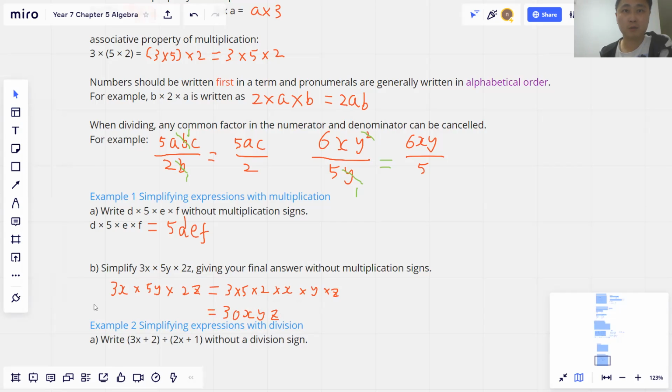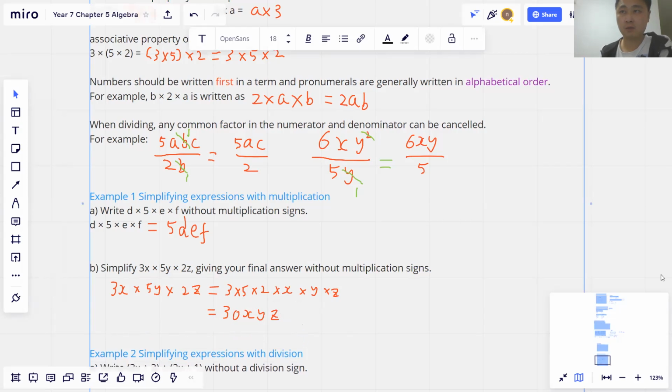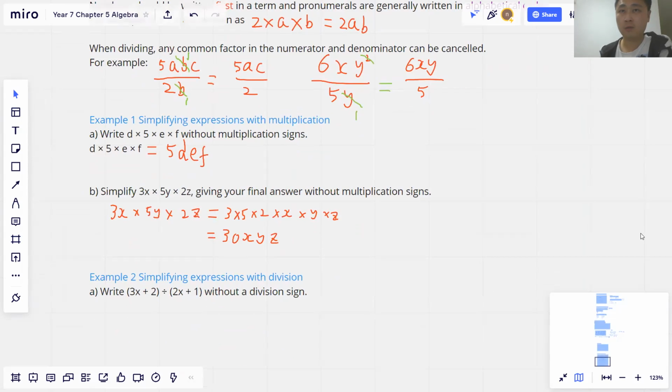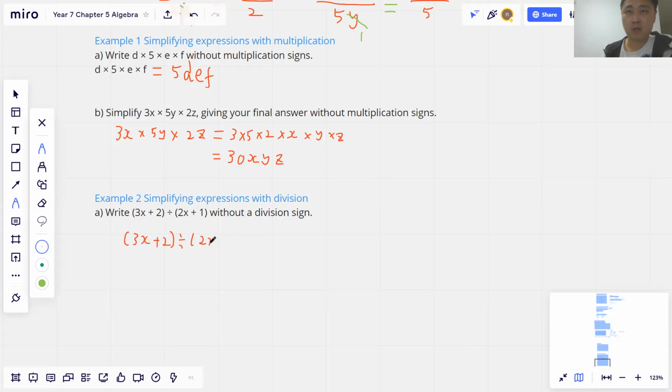For example 2, let me show you. For this one, we want to write this without division. I write this one first: 3x plus 2 divided by 2x plus 1.